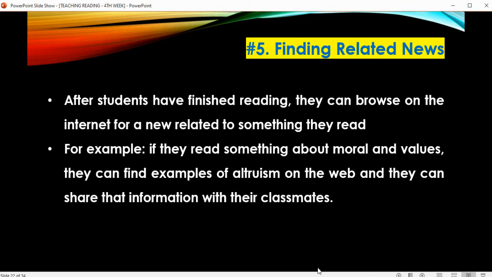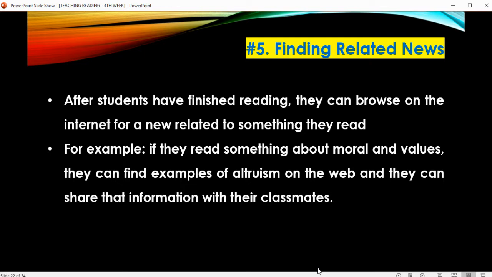So, if they don't have the possibility to look for this information on the internet, you can give the information to your students and then they are going to share that information with their classmates. This is new information, remember, after having finished the reading.